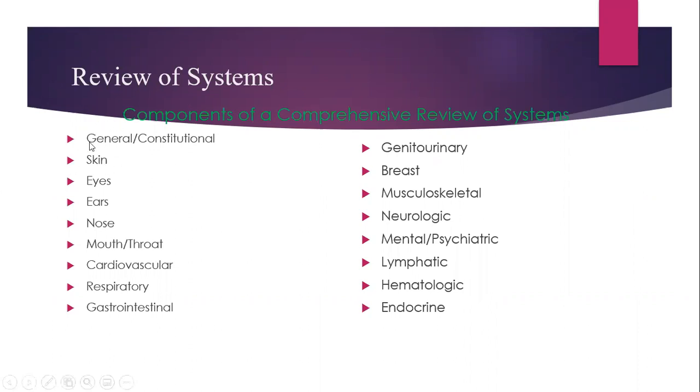Integumentary system evaluates skin, ear, nose, mouth and throat, cardiovascular system, respiratory system, gastrointestinal system, genitourinary system, breast, musculoskeletal system, neurological system, mental or psychiatric, lymphatic system, blood or hematology, and also endocrine systems.